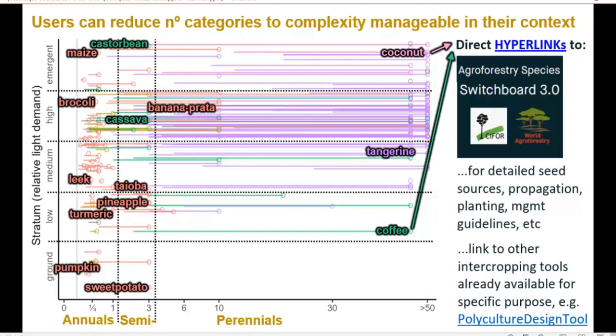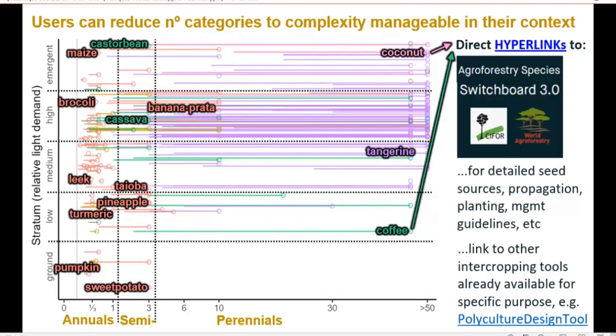And at this stage, we also want to link to other tools, including other intercropping tools that are already available, like the polyculture design tool that is focused very much on herbaceous plants, on agricultural plants, and has not many trees in there yet, but has more advanced functionalities for horticultural and other annual and biennial plants.